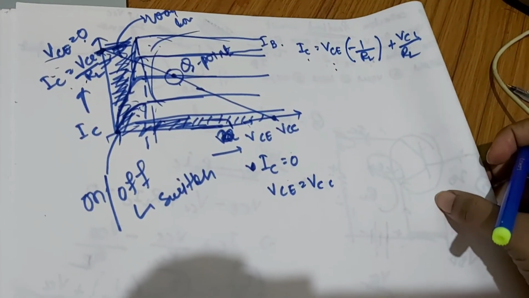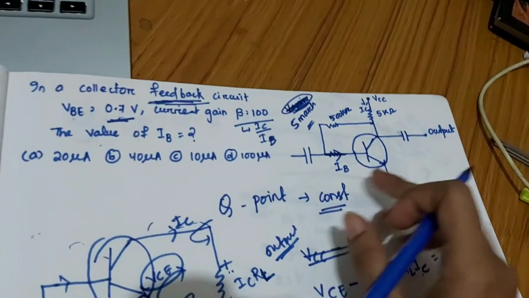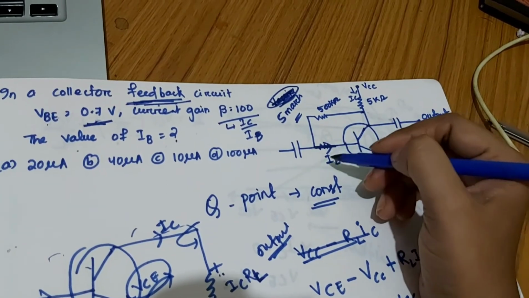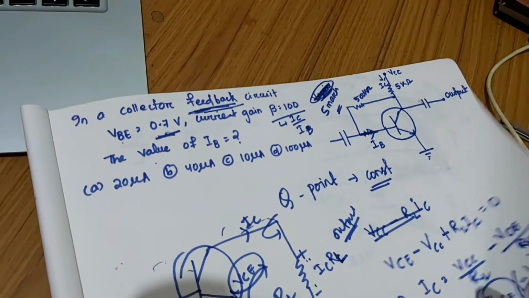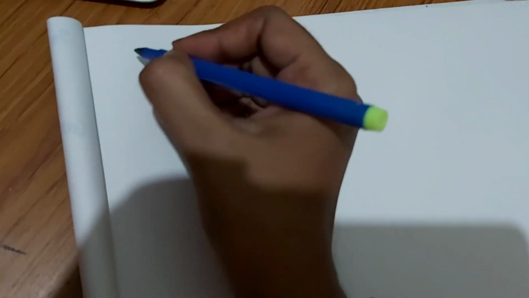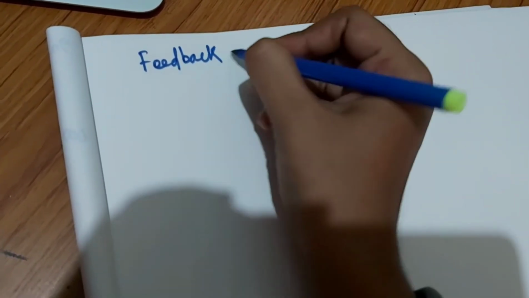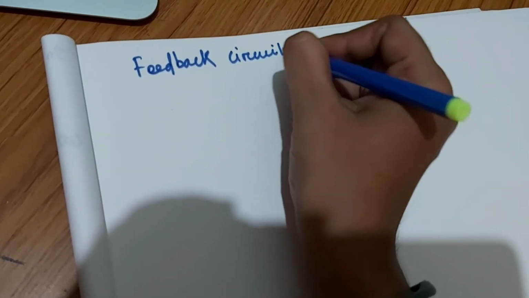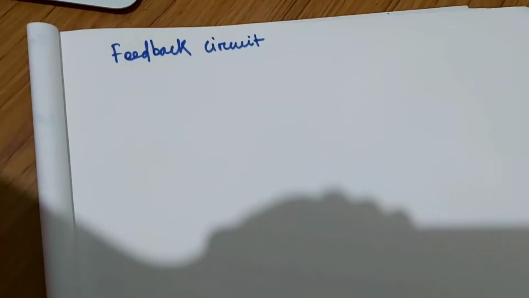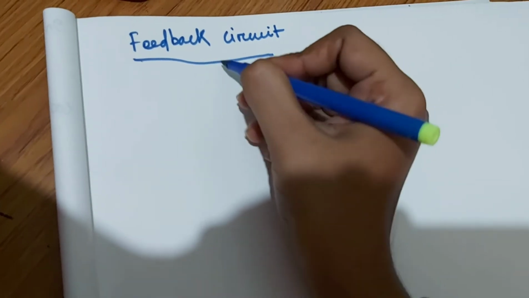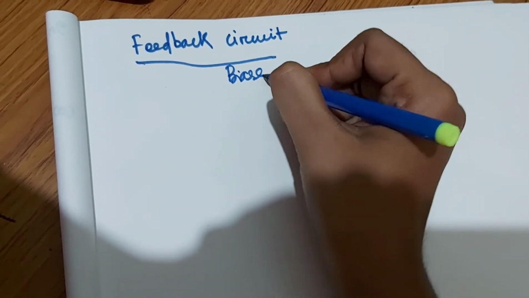Now we will come to the question. We can find this answer easily using the KVL law, on the output side and on the input side. So when we have a feedback bias, that is a feedback circuit, there is a base biasing technique.